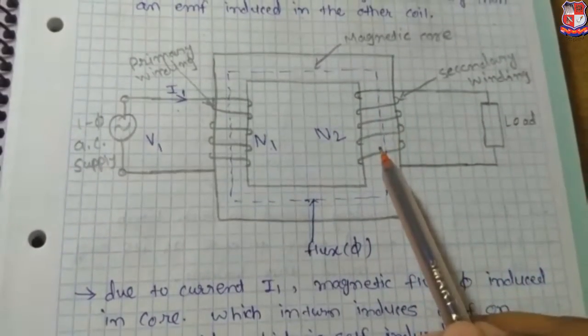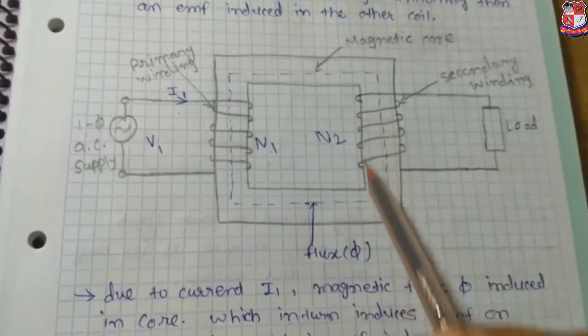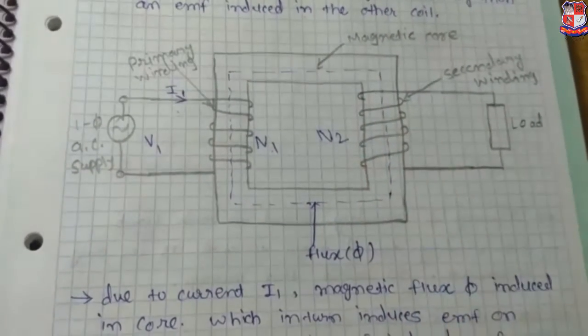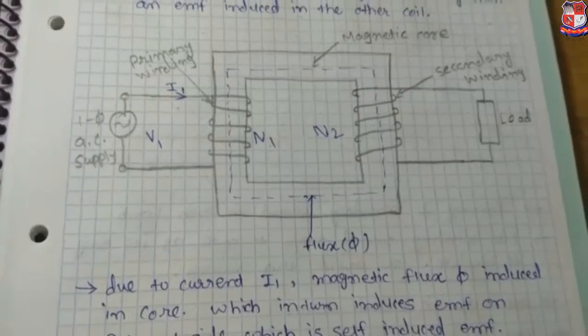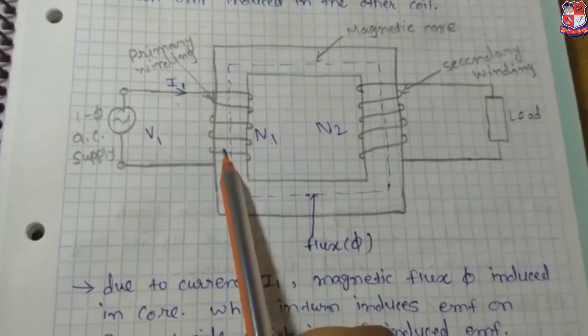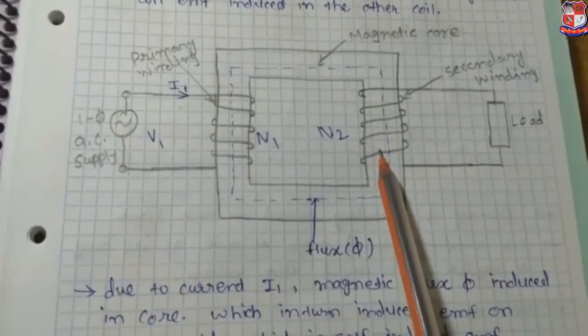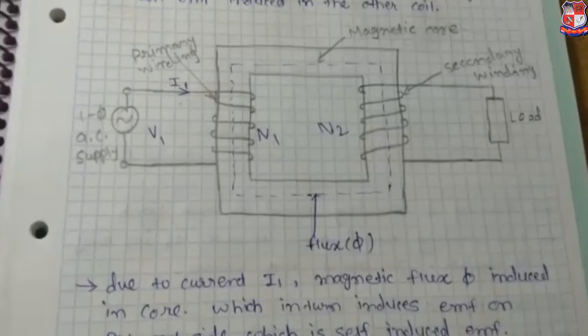So what will happen? Due to this flux, some EMF will induce in this secondary winding also, and as this flux is generated due to this primary current, so the EMF induced in the secondary winding will be called as mutually induced EMF.